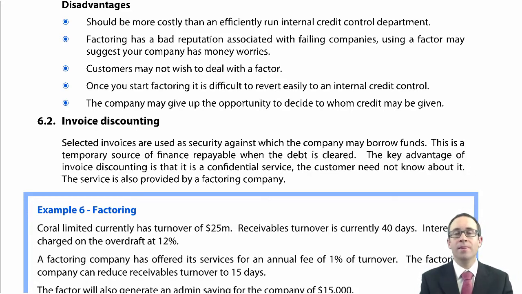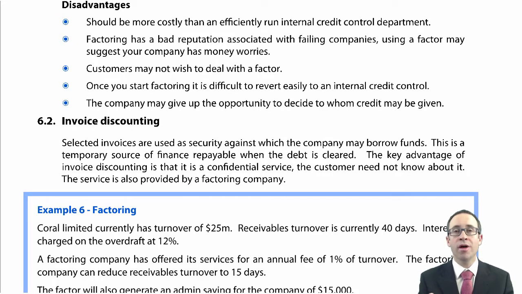Likewise, there's a common perception that if you're using a factor, the reason is that you are in financial difficulty and cannot collect the cash yourself, so you have sold it on to somebody else. Therefore some customers may not be prepared to deal with that factor because it's somebody external to your business.